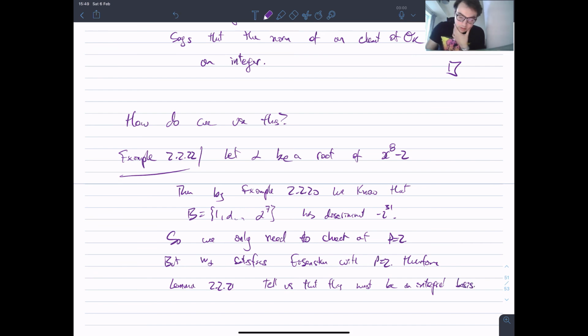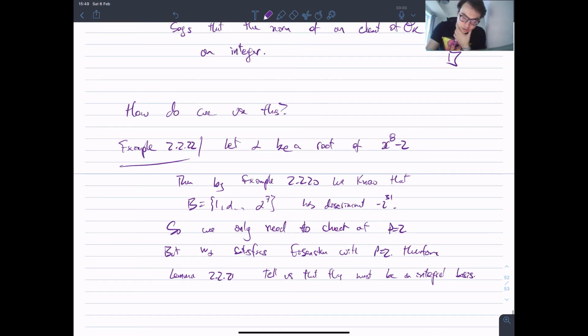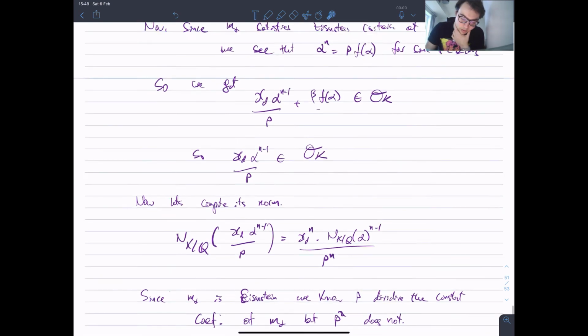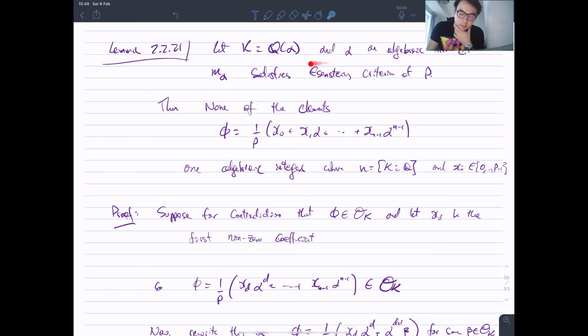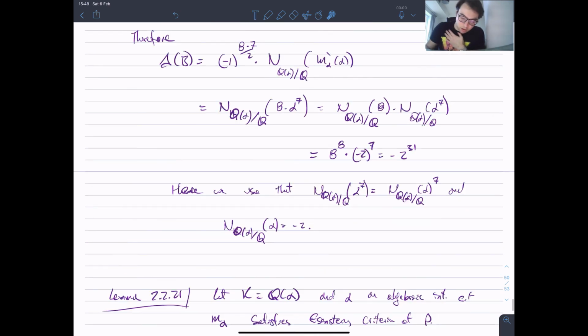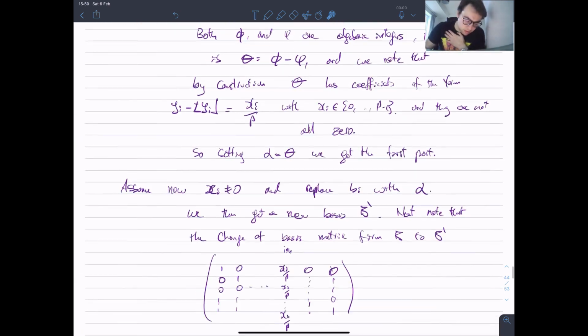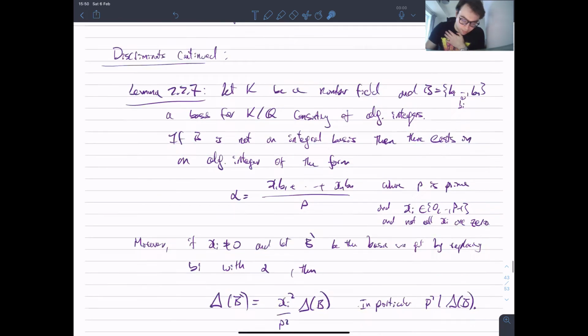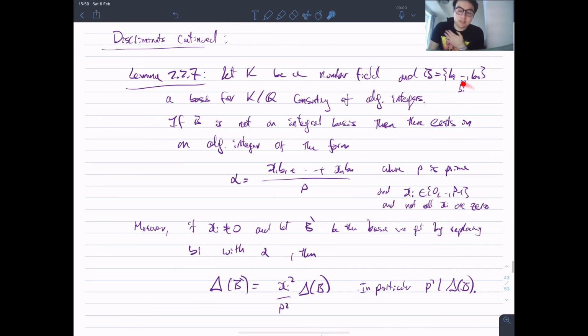So let me just combine the two and show you. This one says, if my polynomial was Eisenstein at 2, then none of these elements are algebraic integers. None of the elements like this, with these x_i's between 0 and p minus 1. And if we go back up to lemma 2.2.7, it said, if you didn't have an integral basis, then you could find a new one, and the new one would be given by taking an old element and replacing it by an algebraic integer of this form.